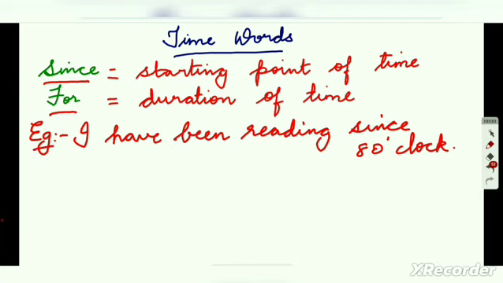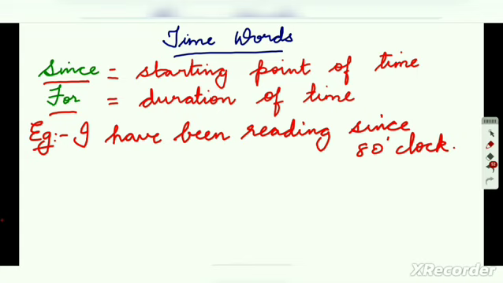Next, I have been reading for 2 hours. It shows the duration of time. She has been working since morning. They have been waiting for an hour. So in all these examples, the focus is not just on the action, but also on how long the action has been continuing.